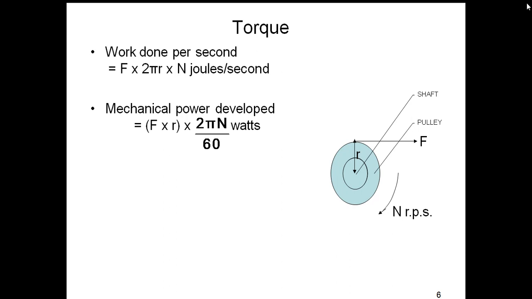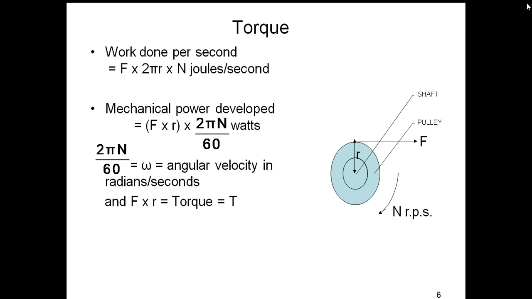And the mechanical power developed is given as F into R into 2 pi N by 60 watts, where 2 pi N by 60 is nothing but the angular velocity in radians per second.